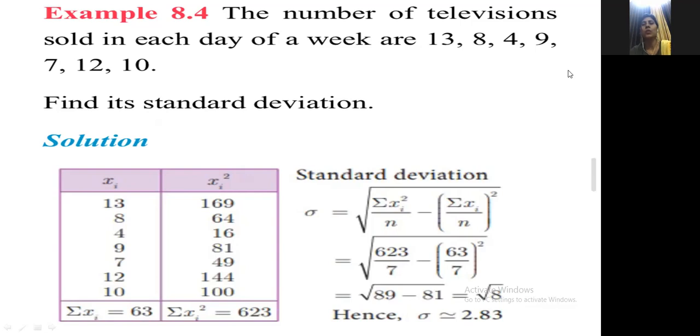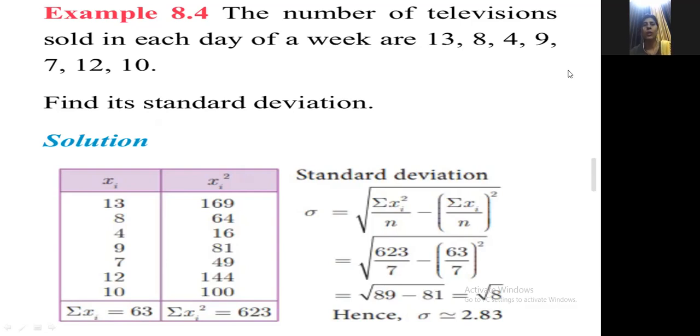Here we square these values, that is summation xi, that is 63, divided by 7, and we take the whole square of these values. So we get the square root of 89 minus 81, and the square root of 8 is sigma, approximately 2.83.